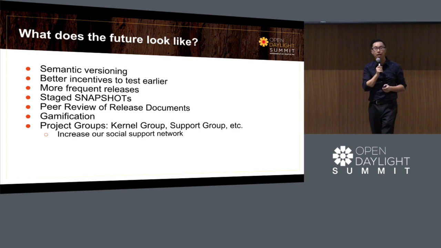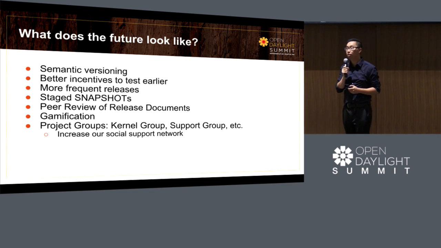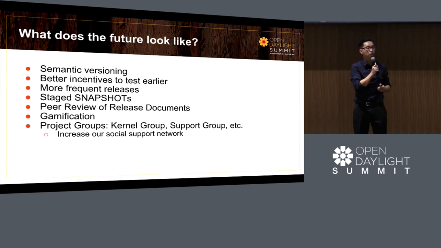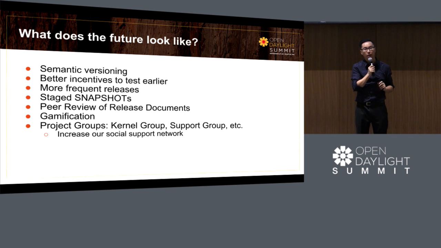We're looking to implement some sort of peer review process for release documents, and also to use gamification to incentivize our projects to follow the suggested release plan, as well as providing some sort of project grouping so that we can have a better and stronger social support network across the projects.